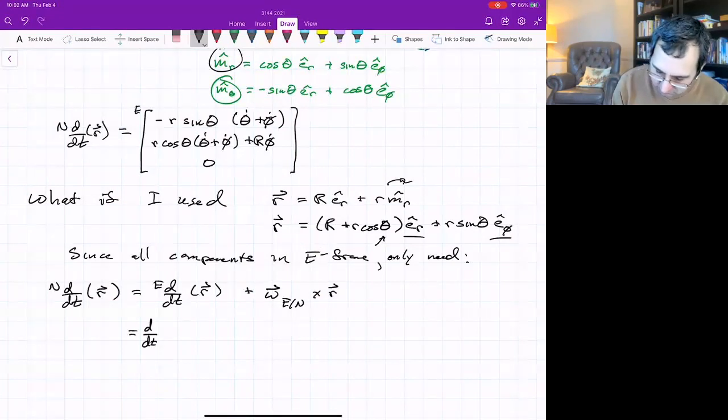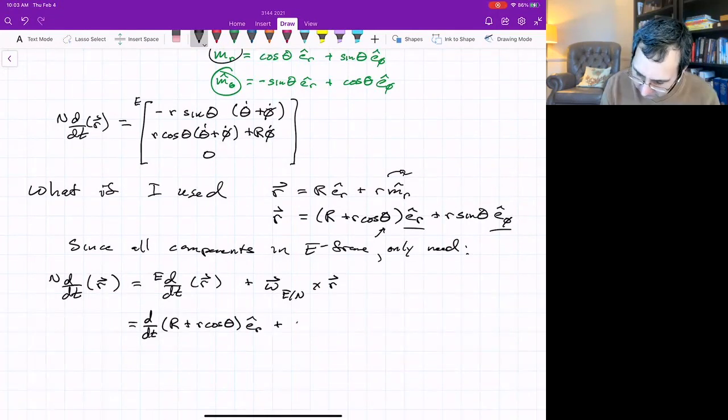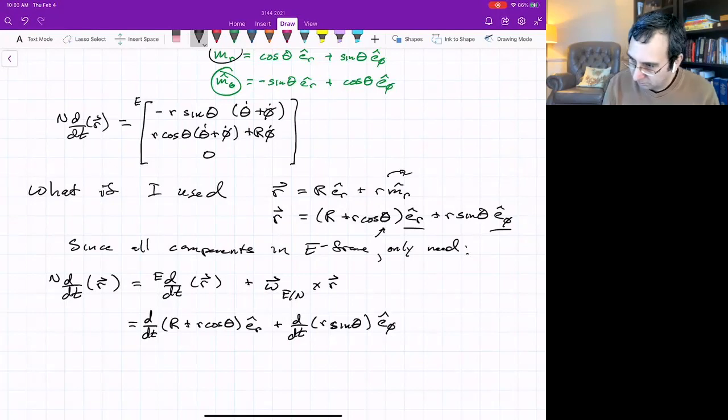This is the derivative: r plus little r cosine theta in the ER direction. And then let's just do both components first. So then a little r sine theta in the E phi direction. Then plus, and I'm just going to substitute in what I know for the E frame, how it rotates.